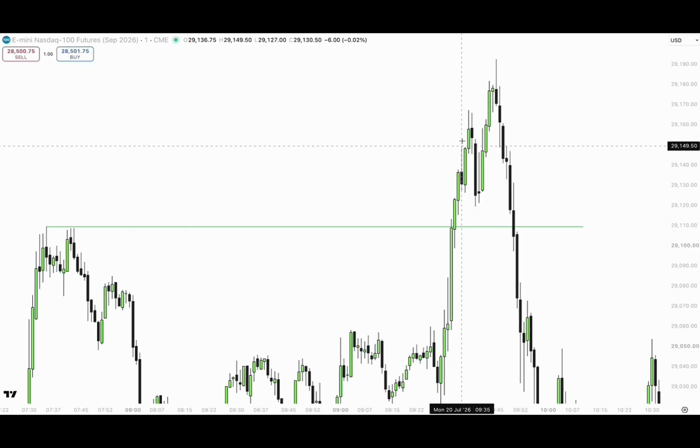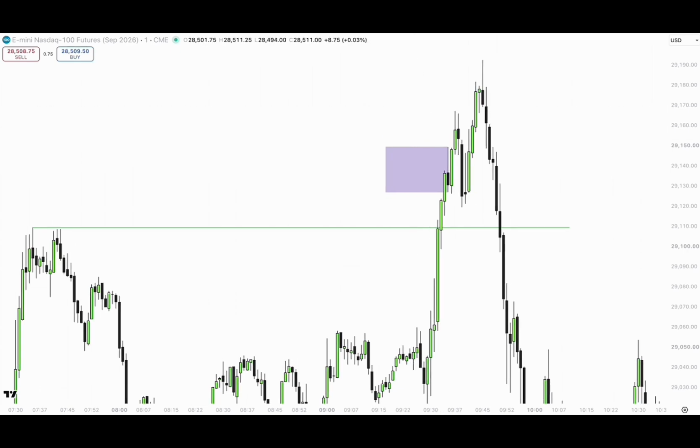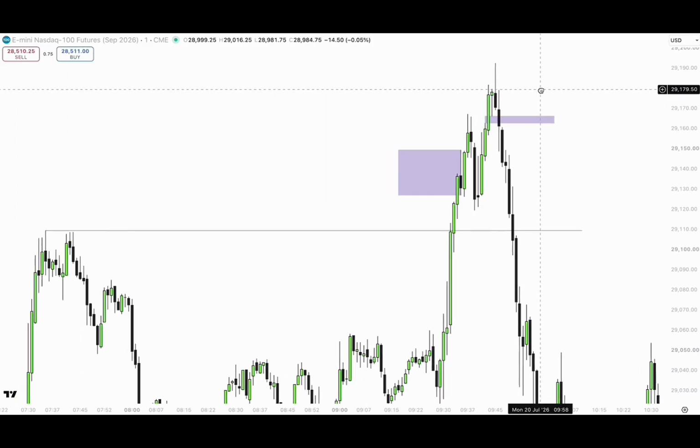There are a lot of PD arrays, as all the ICT traders out there know what I mean. For example, this one right here is a bullish order block. Then this one right here is a bullish fair value gap.